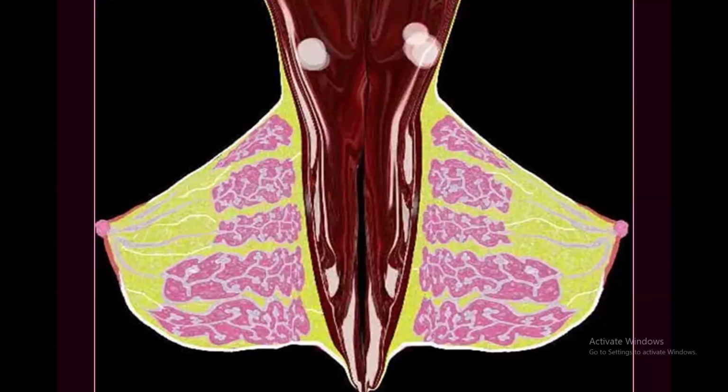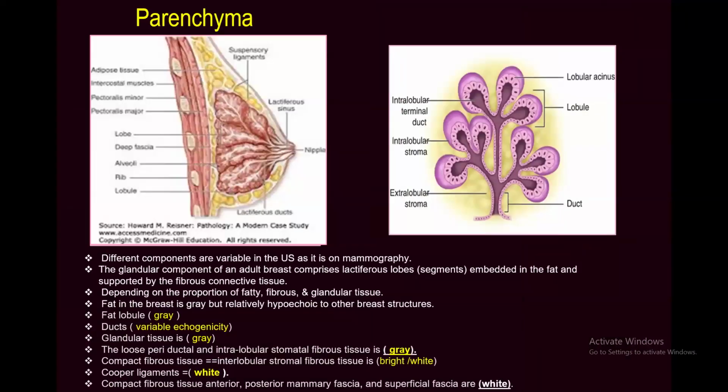We have experience of detection of breast cancer in the extreme lateral chest wall, demonstrating that some of the breast tissue can extend extremely laterally beyond the mid-axillary line.